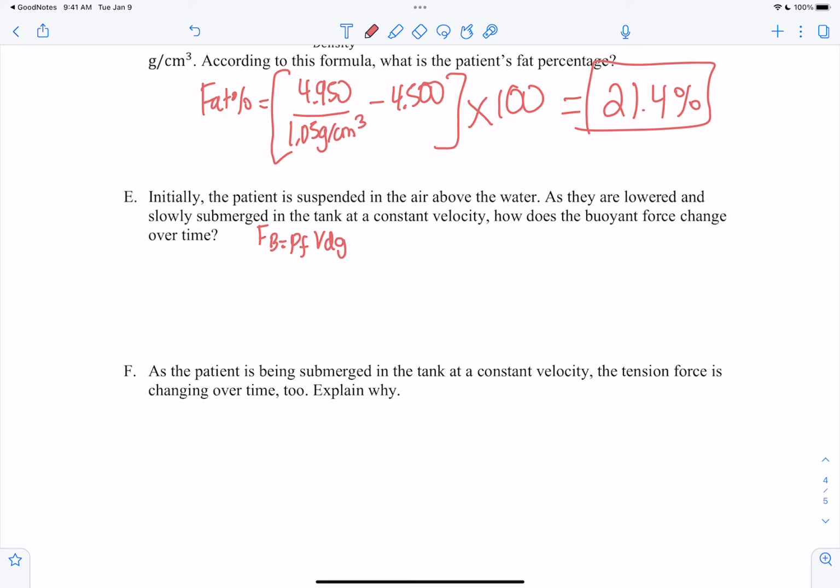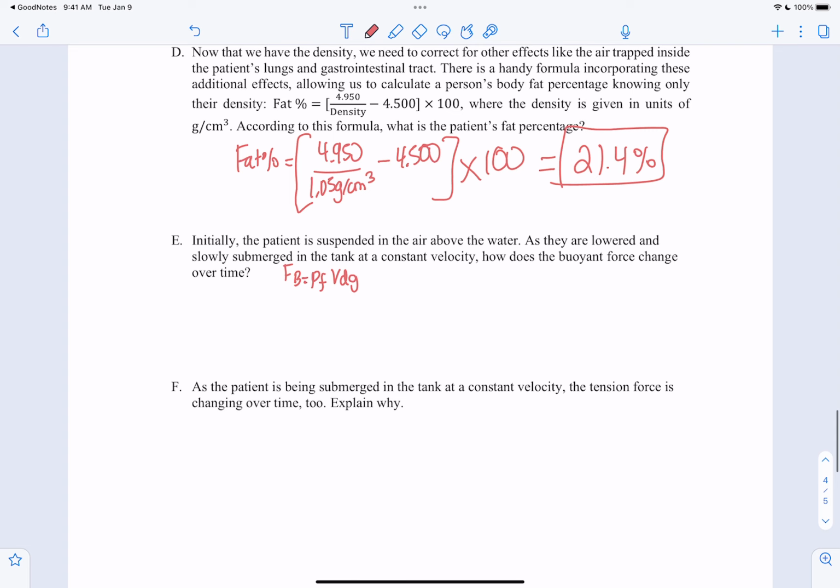So when the patient is completely submerged, like Jonathan said, the buoyancy force then becomes constant at that point. Because we know the force of gravity is equal to the density of the patient times the volume of the patient times gravity.